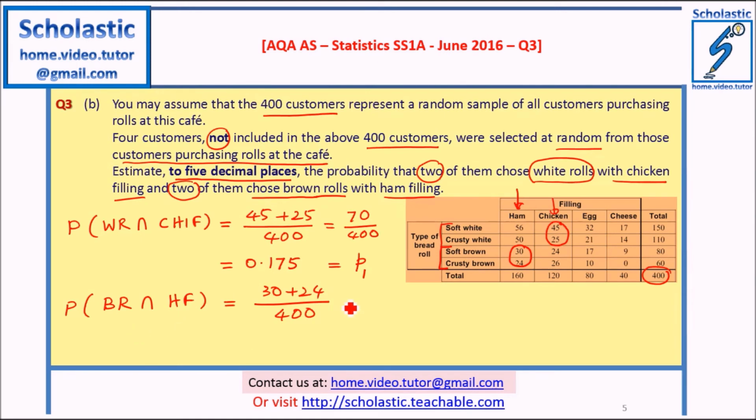So that means 54 over 400, brown rolls with ham filling. So this will be equal to 0.135. Let's assume this is probability P2.